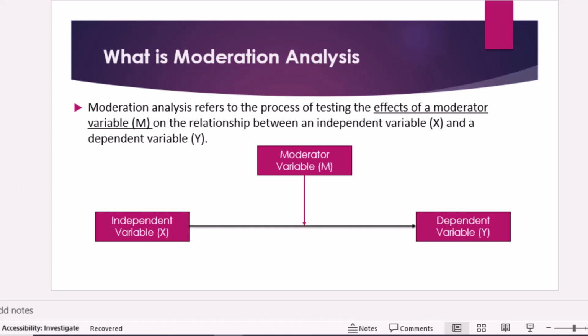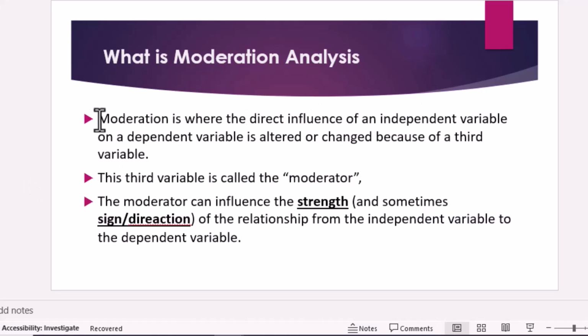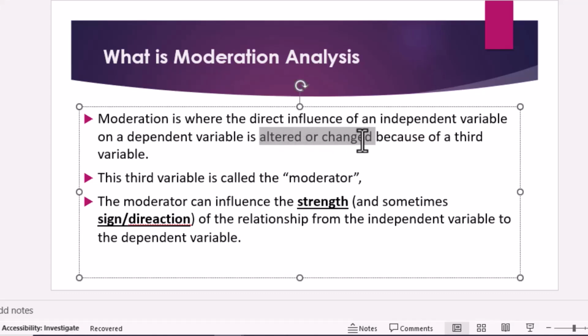Moderation is whereby the direct influence of an independent variable on a dependent variable is altered, or changed, because of a third variable. That variable is what we call the moderator variable.